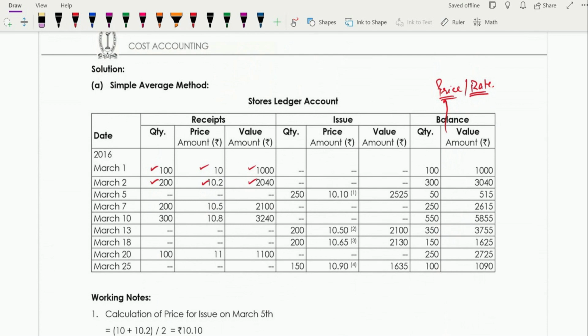So here the balance on 300 units is total 3040. You can write it straight away. And if you want the price column, that is 3040 divided by 300, that comes to 10.13. The rate will change. But how we have calculated the value is simple, 1000 plus 2040. So if you take the average value, it will come to 10.13.